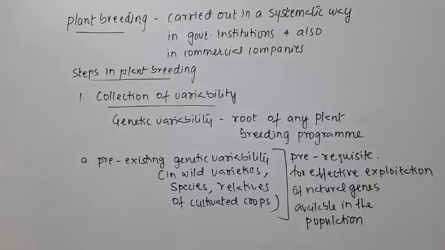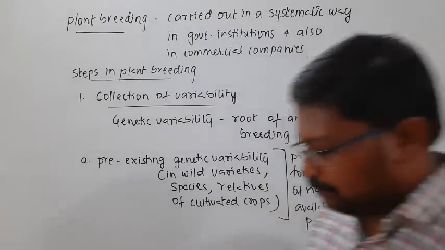Now the entire collection of plants or seeds having all the diverse alleles for all the genes in a given crop is what we call a germplasm collection.